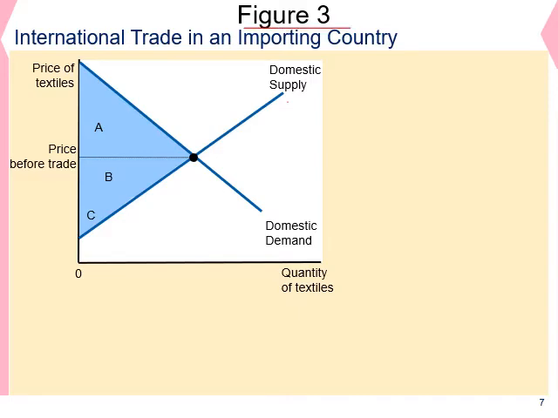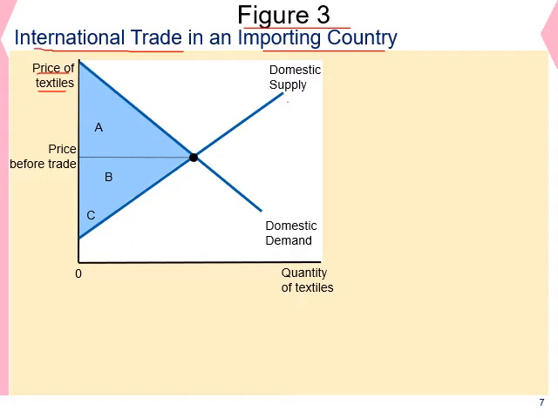Figure number three is exactly the opposite of figure number two. In figure three, with international trade in an importing country, we are still using the example of textile. The price of textile is on the y-axis, or vertical axis.